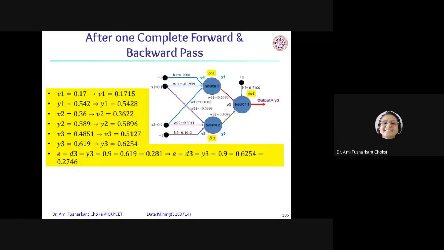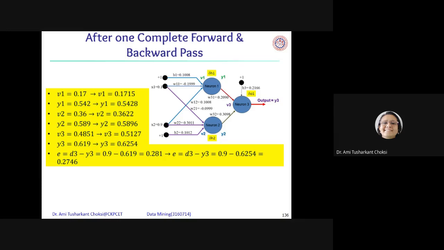Now what? Now we'll consider what is V1, right? We'll consider what is Y1, what is V2, what is Y2, what is V3, what is Y3, right? And what is error, fine?